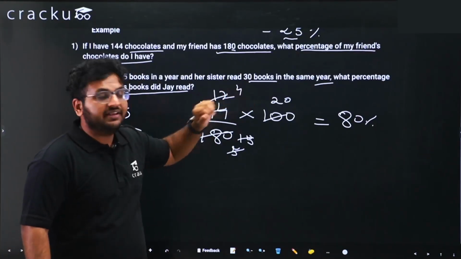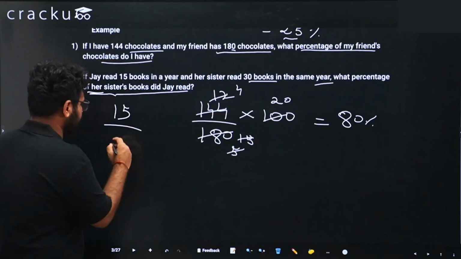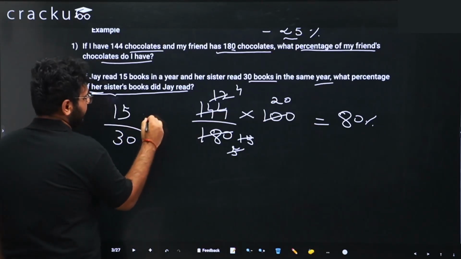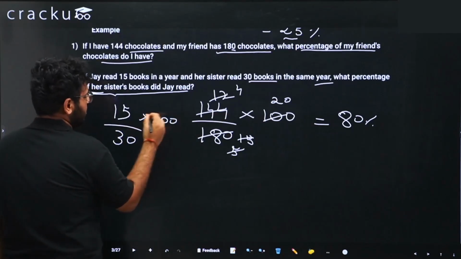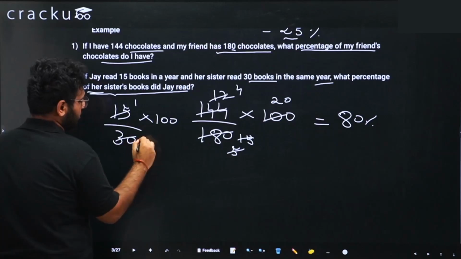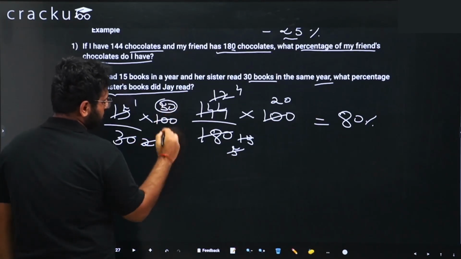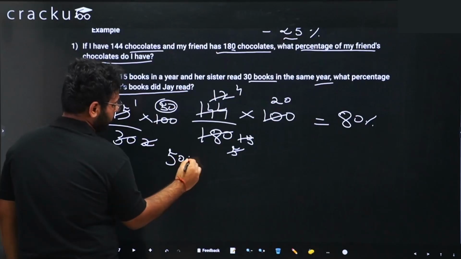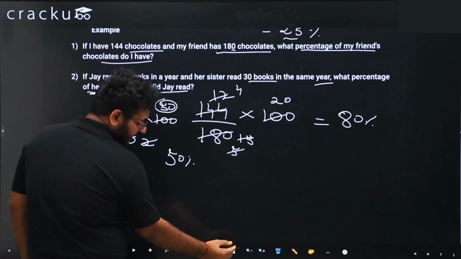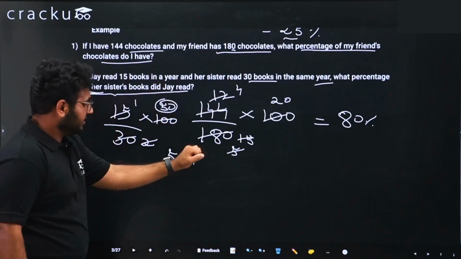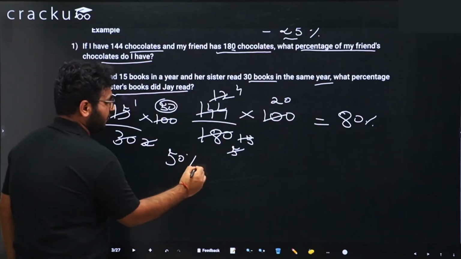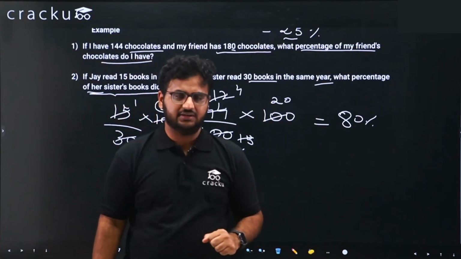My sister reads 30 books. So 15 divided by 30 into 100 is equal to 1 by 2 into 100, which is 50%. So Joy reads 50% of her sister's books in a year.